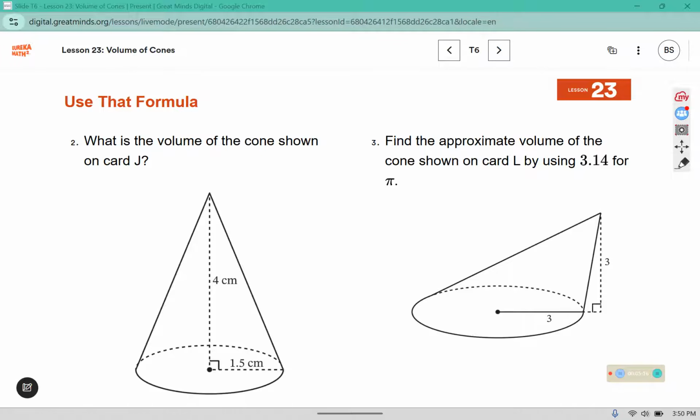What is the volume of the cone shown on card J? We have radius squared times pi times the height, which is 4. That would be if it was a cylinder, but we still need the 1/3 because it is a cone. We'll start by squaring 1.5.